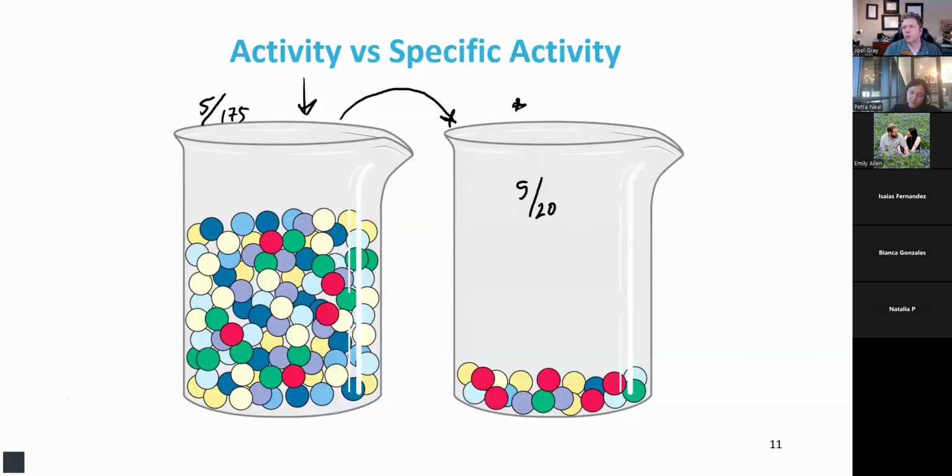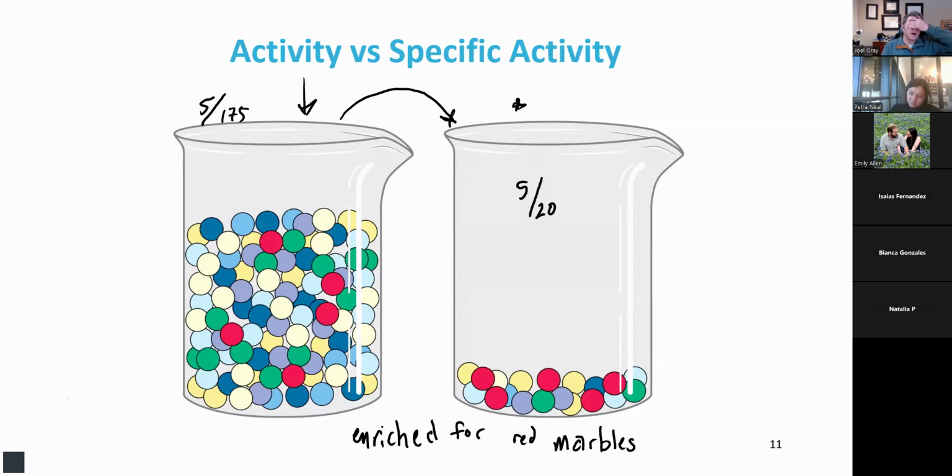Have our odds increased? Yeah. So another way of saying that is that we have enriched for our red marbles. We've basically increased the likelihood that we're going to get the marbles that we want.